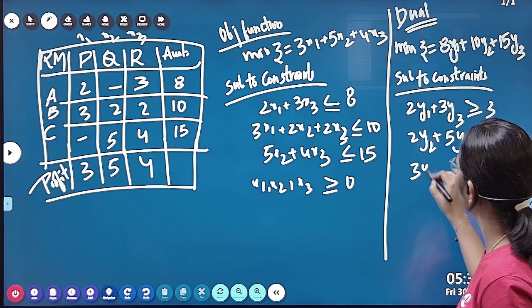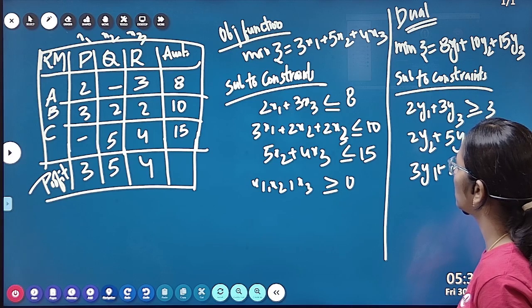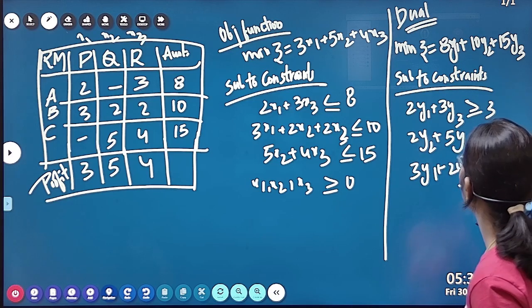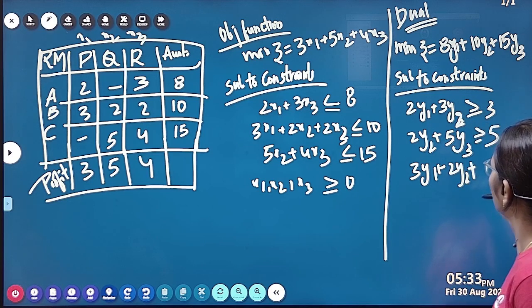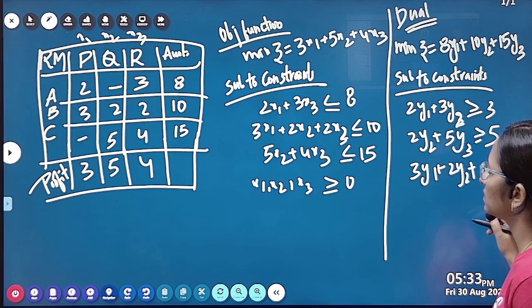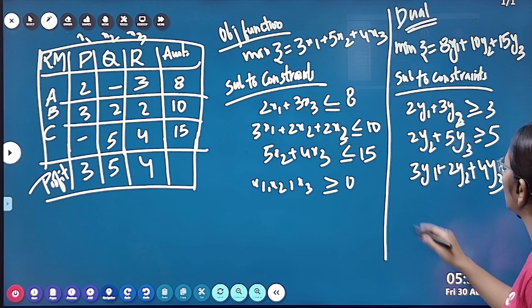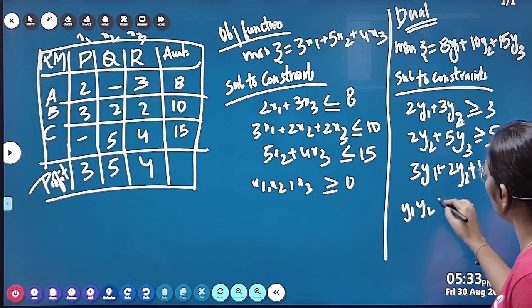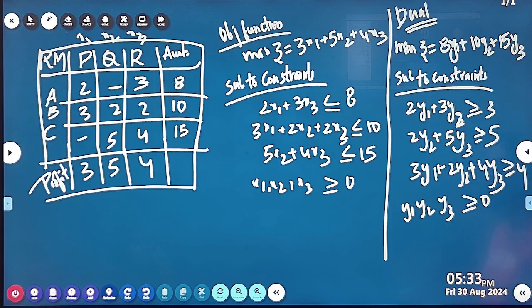Next, 3y1 plus 3y2, sorry, 3y2, okay, plus 4y3 greater than or equal to 4. So y1, y2, y3 should always be greater than or equal to 0. Okay, in the question they have solved this, I think so.